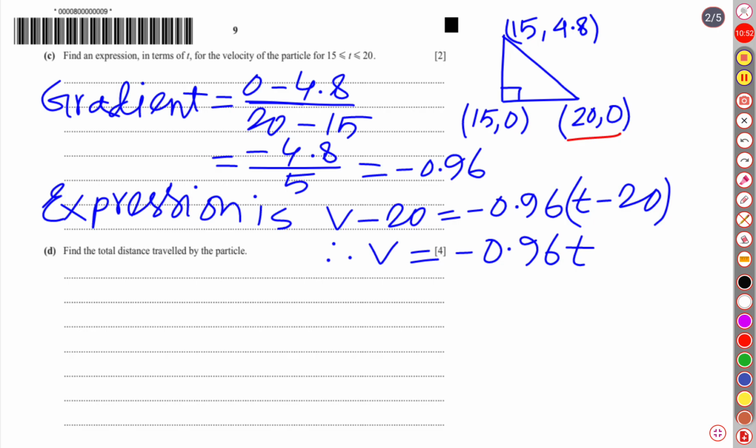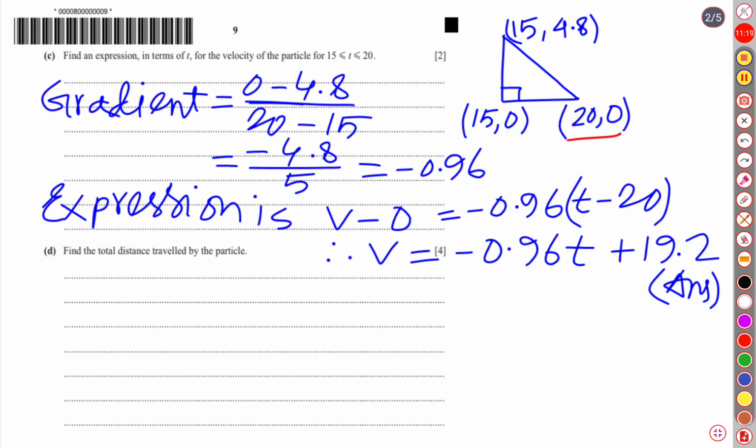So it is going to be plus 19.2. And I think here we made a mistake. The vertical coordinate was not 20, it was actually 0. So this is the expression of velocity, and we may leave this as the answer.